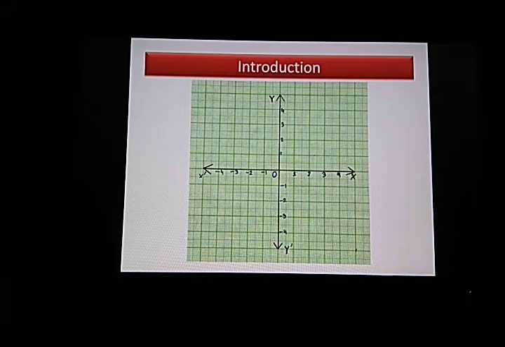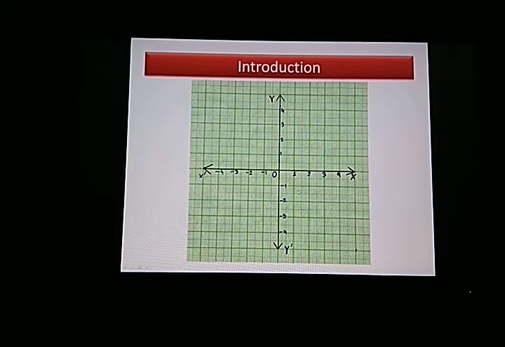And the point of intersection of these two axes is denoted by O, as you can see on the screen. This O is nothing but the origin where both the axes meet. Both the axes are mutually perpendicular. The angle made by both the axes is 90 degrees.